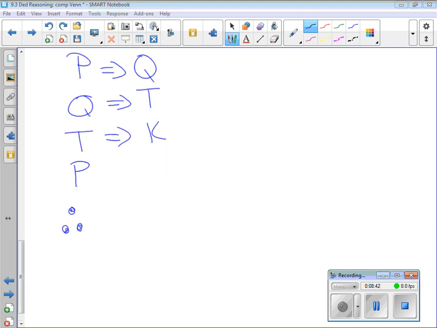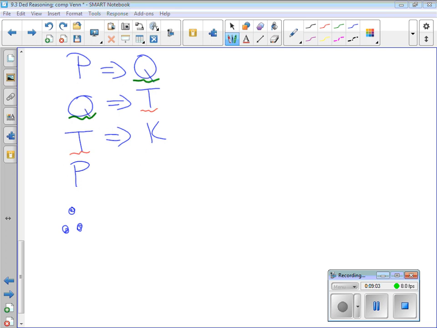This example is kind of a combination of using the law of detachment as well as the law of syllogism. The law of syllogism allows me to take the first three statements and see that in fact they line up good, right? The last is the first. The last is the first, and so I can kind of piece these things together.